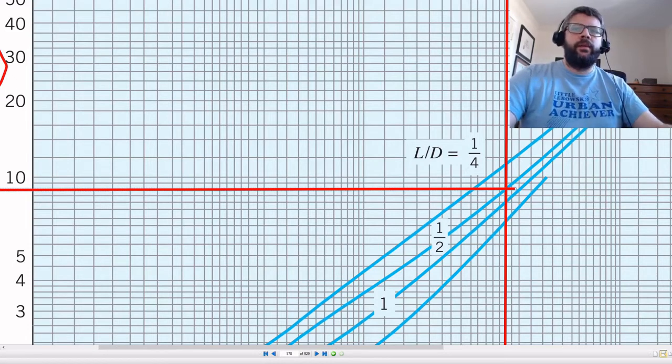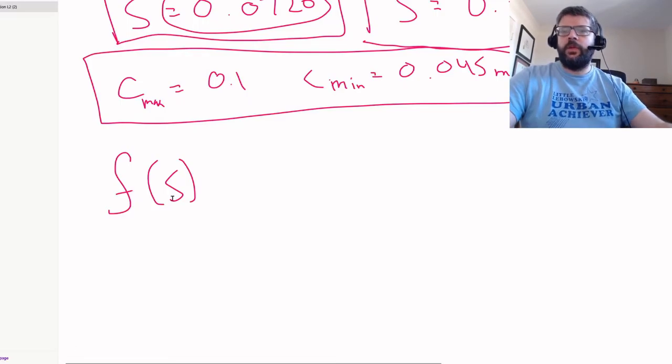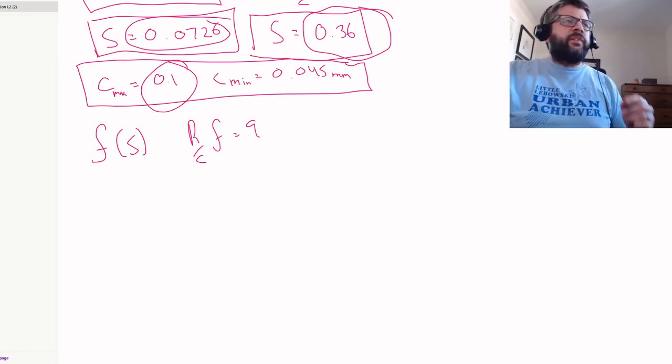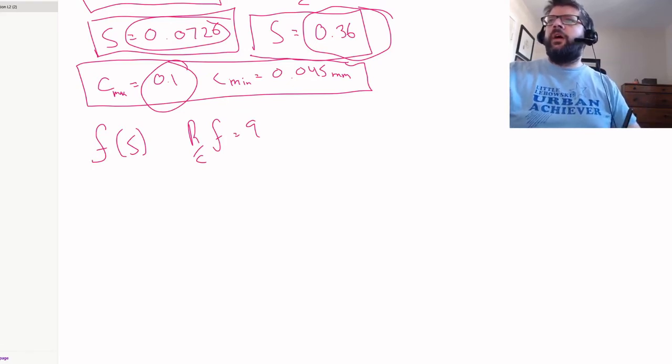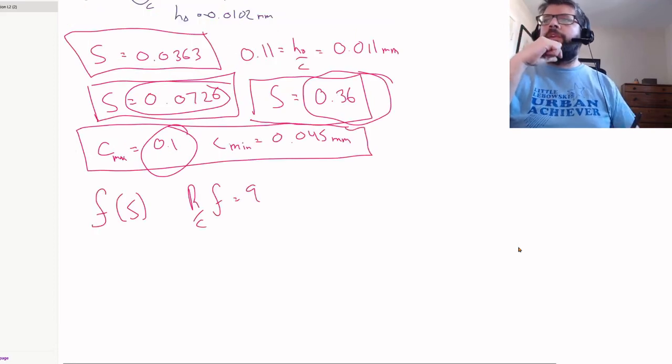So 9 is our R over C times F. So we got an R over C F of 9. That was, again, for the S equal to 0.36 case. So that is the one that corresponds to the smaller clearance. So that's the minimum clearance value.